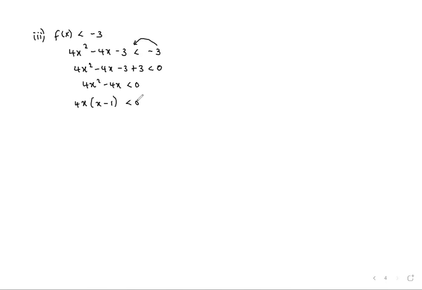It's an inequality, so the critical values of x: 4x is 0, x minus 1 is 0, so x is equal to 1. Then form a table: 0, 1, you can use half, you can use 2, you can use negative 1. Then we have 4x, we also have x minus 1, then we have f of x. This is negative, this is negative, this is positive.